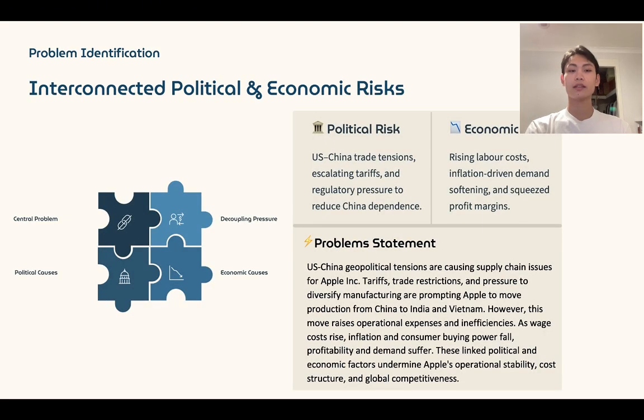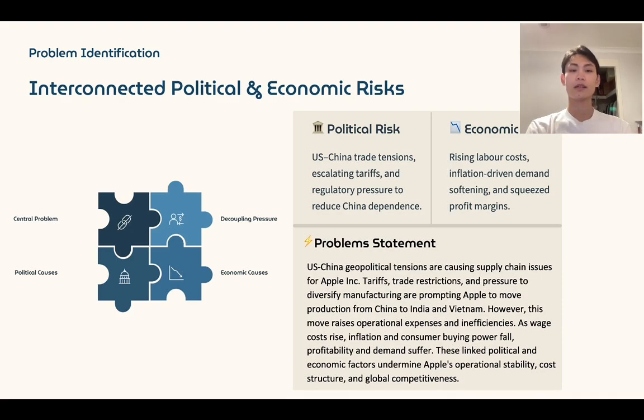Apple is facing two connected problems: political risk and economic risk. Politically, US and China tensions have caused tariffs, trade restrictions, and pressure to reduce dependence on China. This pushed Apple to move some production to countries such as India and Vietnam.